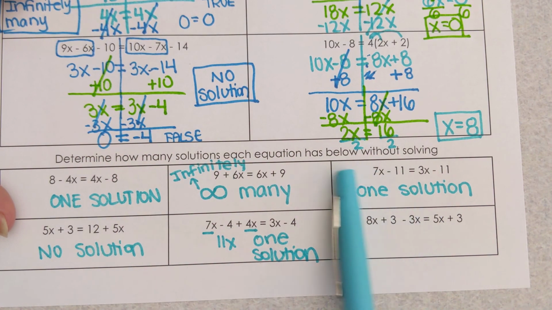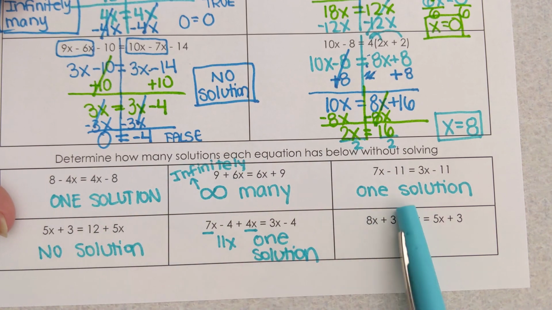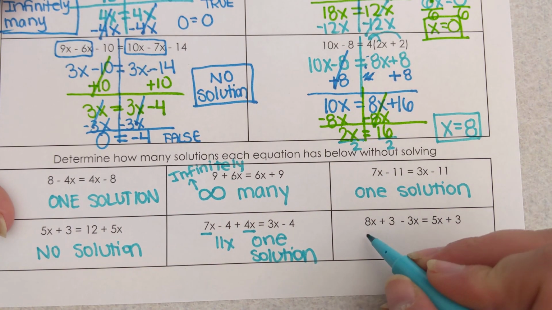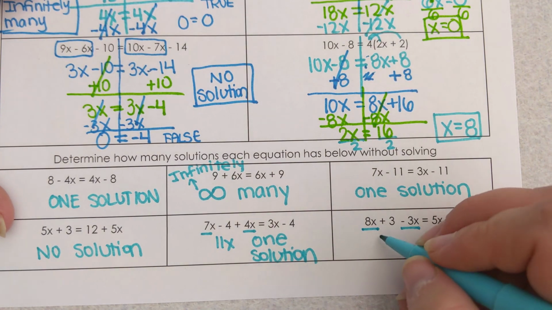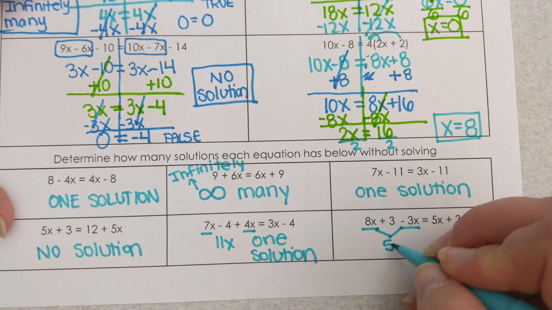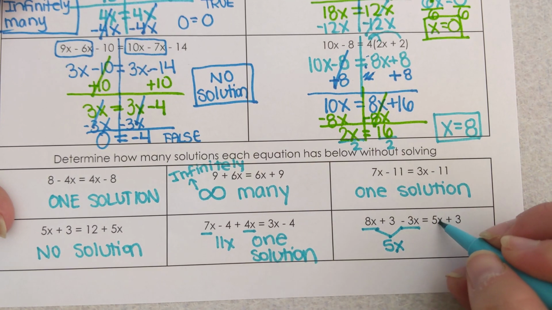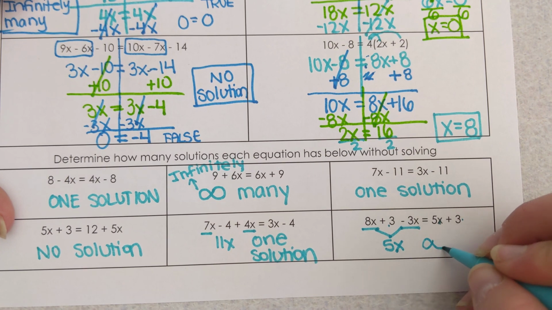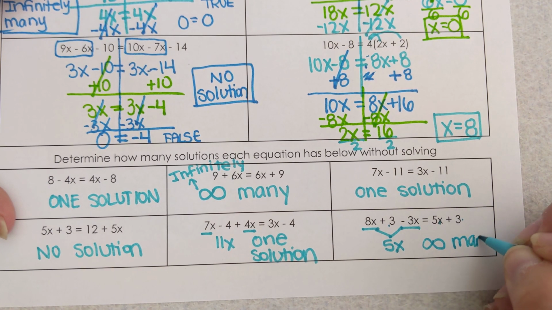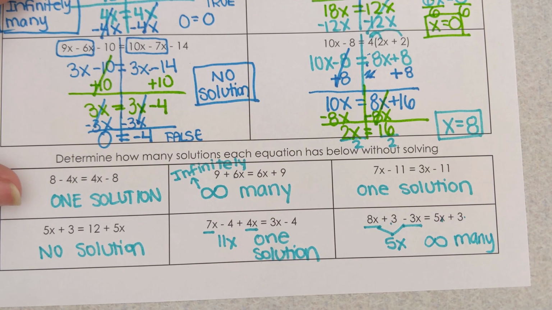So I'm not looking for the answer, I just want to know how many it's going to have. It's just kind of practicing that. And then over here, 8x minus 3x, those are on the same side. Those would make 5x. So that's the same, and then they both have a 3. That would be infinitely many, because everything's going to end up being the same on both sides.